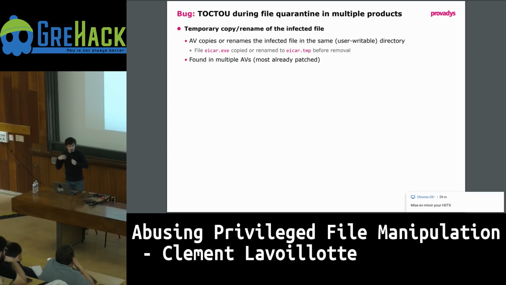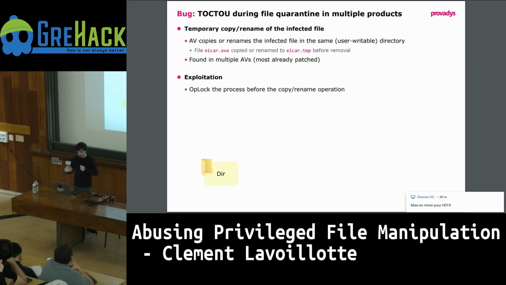And for arbitrary file write, I'll take an example of a copy or rename operation. If, for instance, the file acar.exe that we just dropped will be renamed to acar.tmp, we can basically proceed as such.